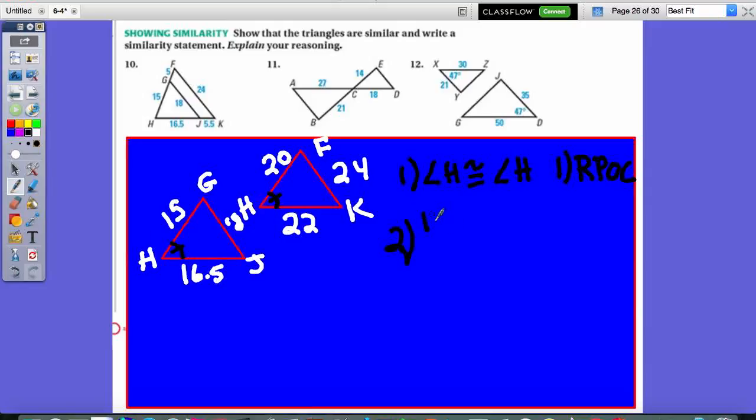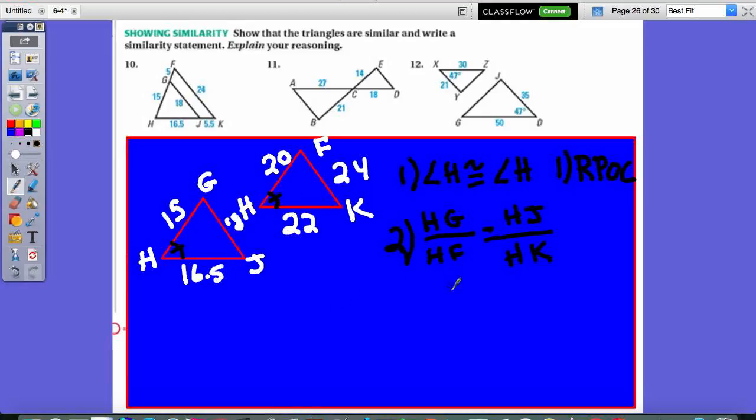So I'm talking about HG corresponding to HF and HJ corresponding to HK. I am not using GJ and FK because those are not the side lengths involved in the included angle.